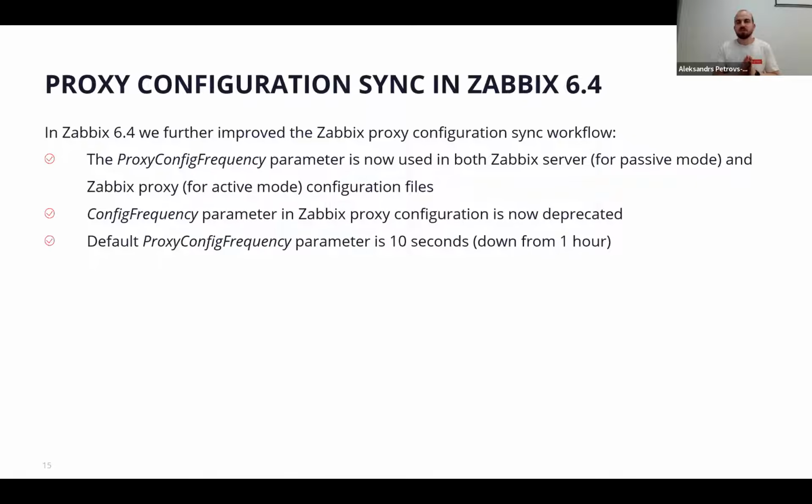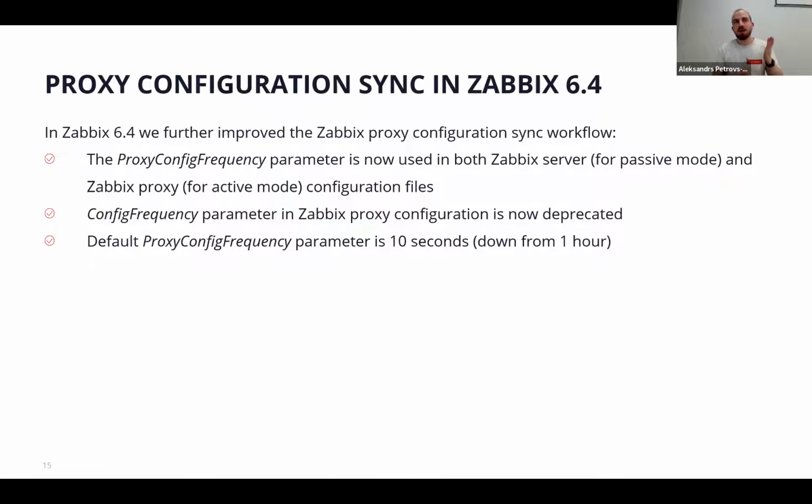And this parameter, as you can guess, is responsible for configuring how often the configuration will be synced between Zabbix server and Zabbix proxies. You might think, okay, but there was config frequency parameter. Yep, was. In 6.4, it is deprecated. Now we have proxy config frequency, and this proxy config frequency default value is 10 seconds.